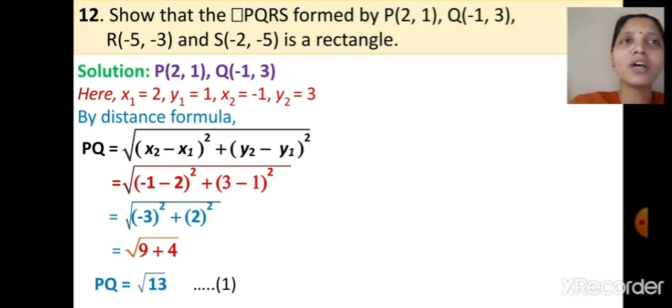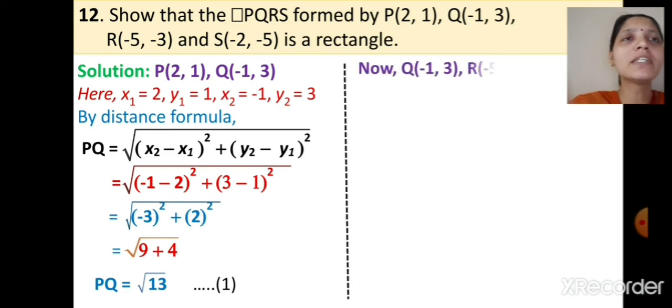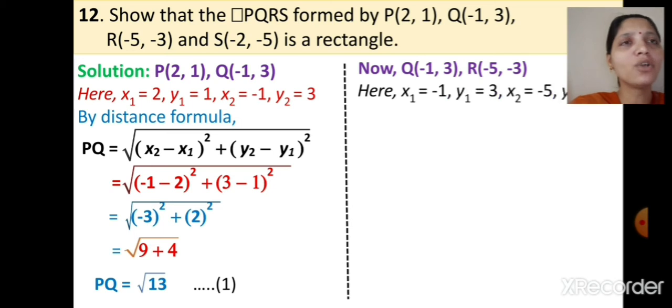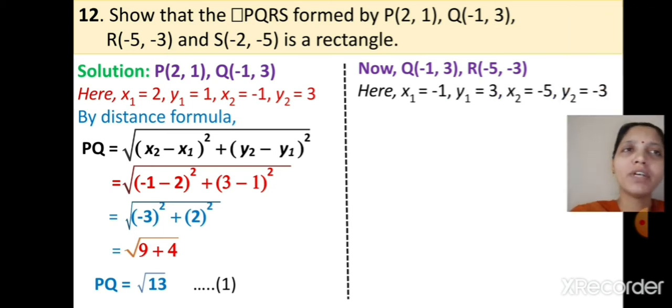Now let's find the distance of QR. For that, we have to consider points Q and R. Here x1 is equal to -1, y1 is equal to 3, x2 is equal to -5 and y2 is equal to -3.